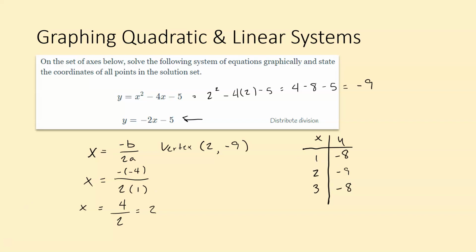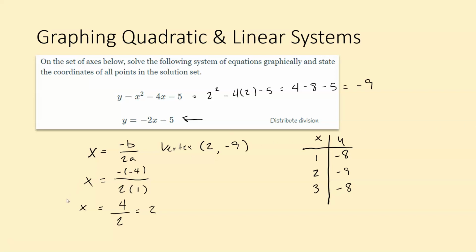When I plugged in 1, I got negative 8. When I plugged in 3, I got negative 8 as well. If you have an a value that is not 1, you might not get as nice of numbers here, so you might want to try different numbers because you want to make sure that these are points that you can easily plot on Delta Math. But here we have 3 points that we're going to go ahead and plot.